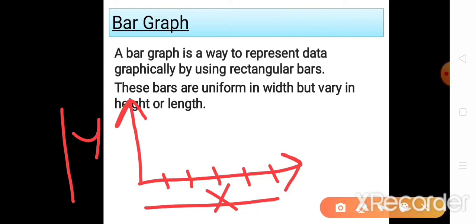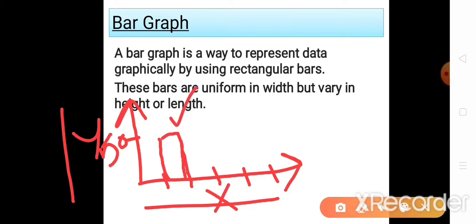So suppose this is the marking for marks and it is 50 here. Then you will start your bar graph right from the 0 point or say the x-axis, and you will stop the moment you reach the mark 50. As I have said, my diagrams are not going to be straight at all, and this is how we are going to draw a bar.